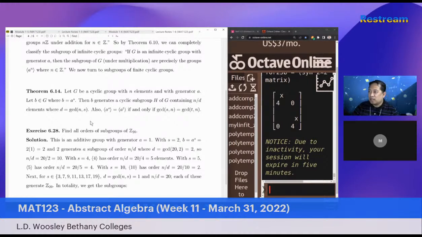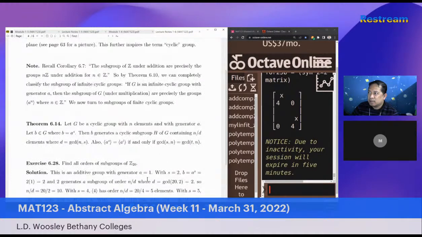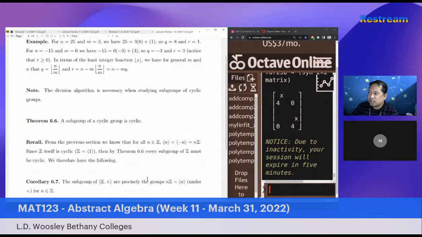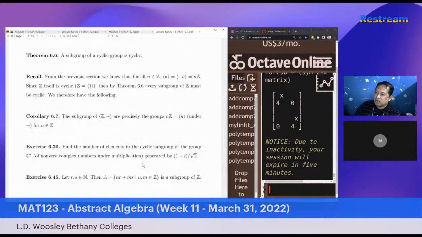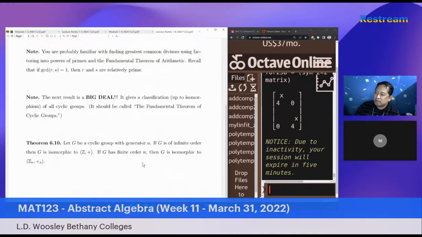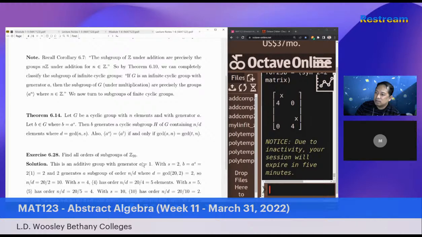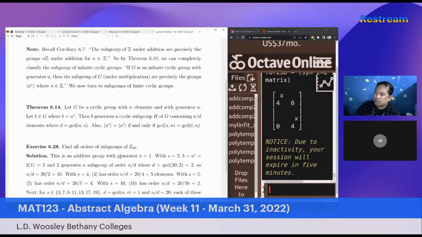In solving, based on the lectures here, we're using the division algorithm as our prominent solution, wherein we're actually determining, for instance here, if I may recall, d is equal to GCD of 20 and 2, which is equal to 2.